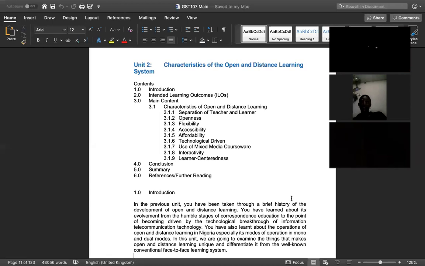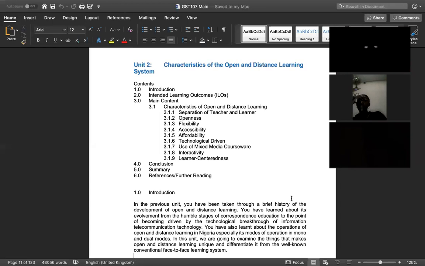But because of the idiosyncrasies of this country, we still have to be looking for 5 credits, including mathematics and English, blah, blah, blah. In real open and distance learning system, nobody asks for your entry certificate. The idea is that they can give you an entrance exam to assess the level you belong to, and they know it's their duty to take you from that level to where you want to go. So that's what we mean by openness as to people.